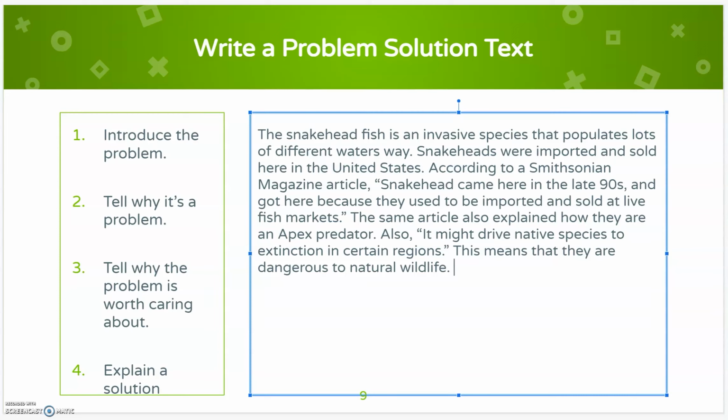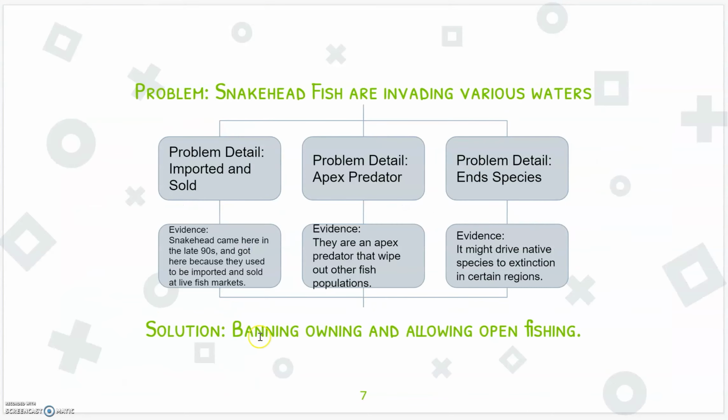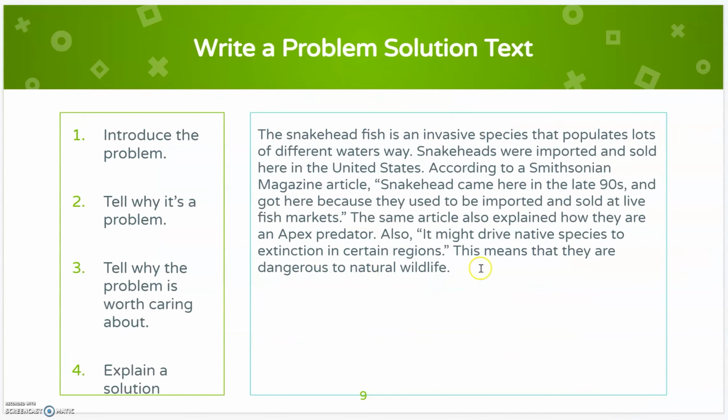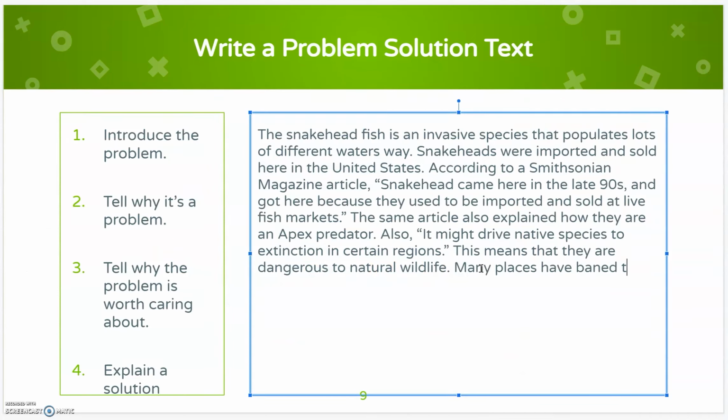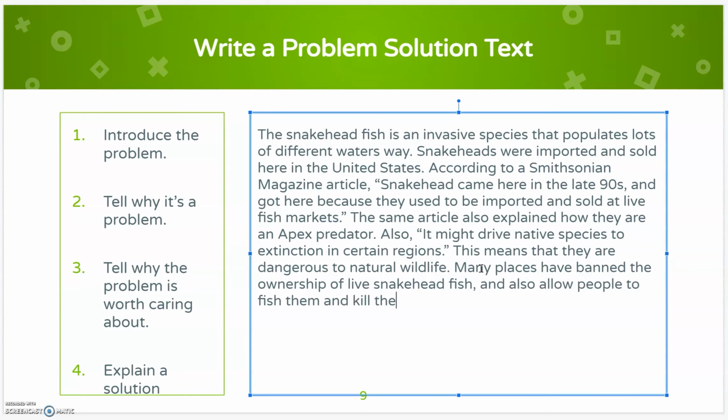So then finally I'm going to put a concluding sentence on this, right? Banning, owning, and allowing open fishing. So I'm going to say something like, many places have banned the ownership of live snakehead fish and also allow people to fish them and kill them without limits.